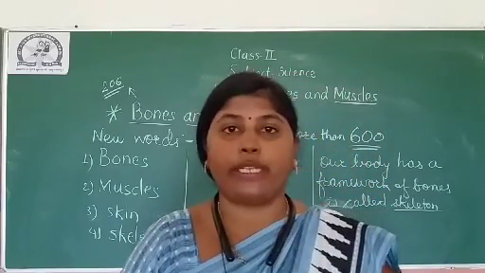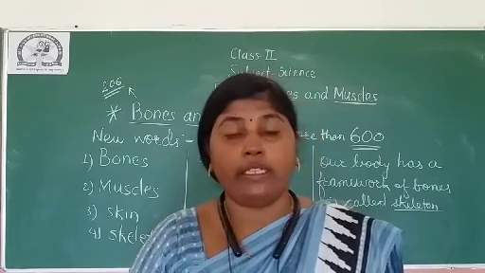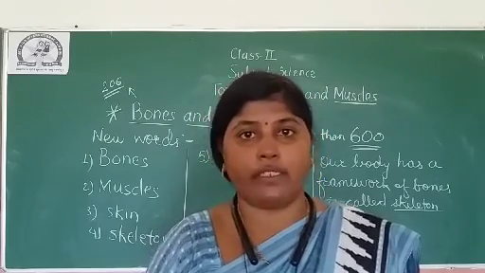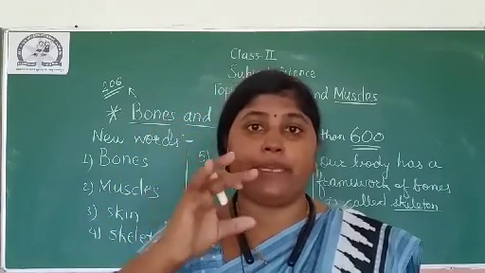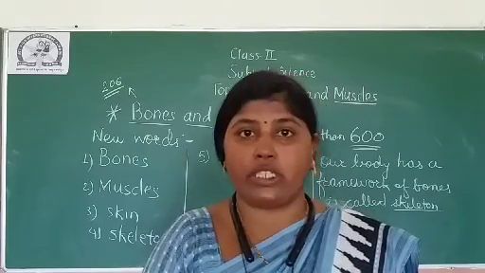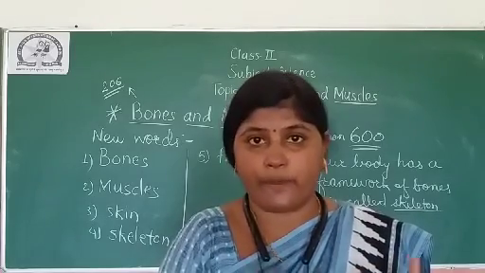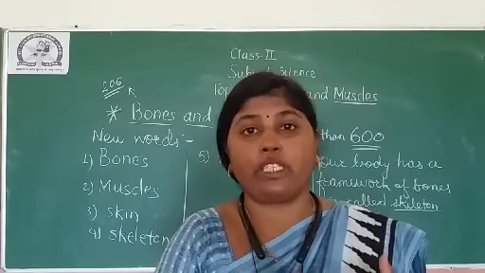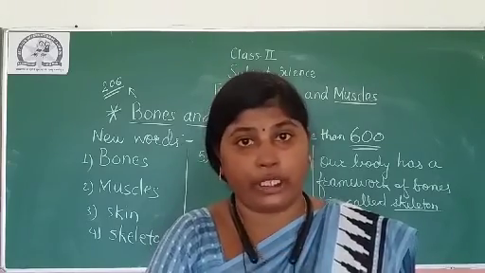For example, the brain is present inside the skull. The brain is a very soft part. The heart is present in our chest, in the cage of bones, which is called the ribs. Because of that, the chest and heart get protection.